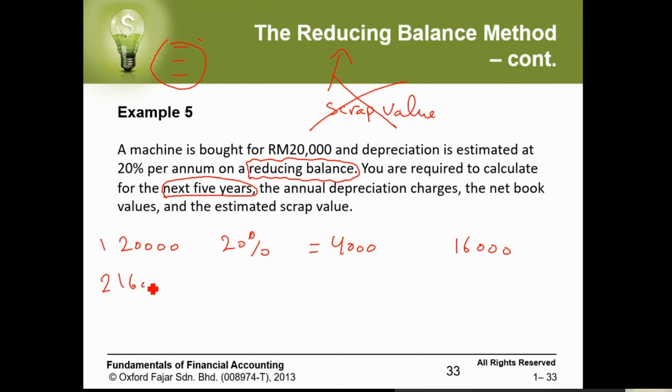Year number 2, it will be 16,000 multiplied by 20%, so it will be 3,200 depreciation. So the carrying value will be 16,000 minus 3,200, which is 12,800. And like this, we continue for year number 3, 4, and 5.